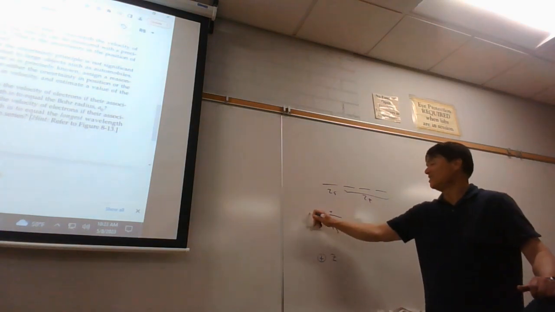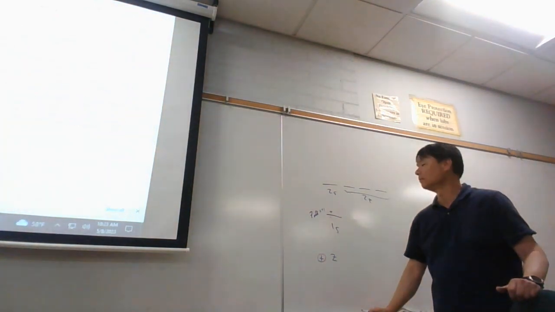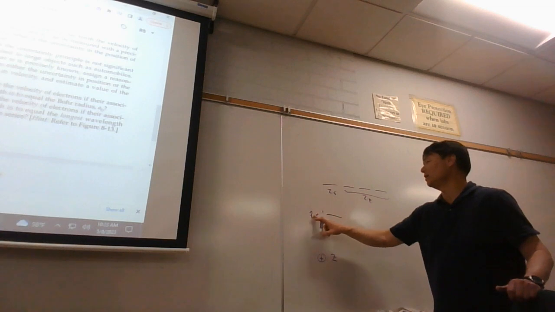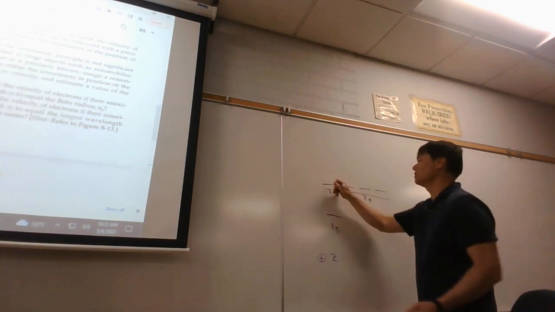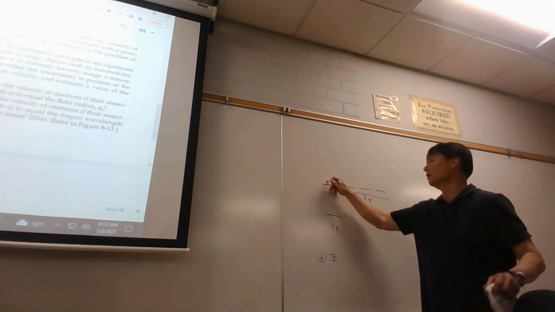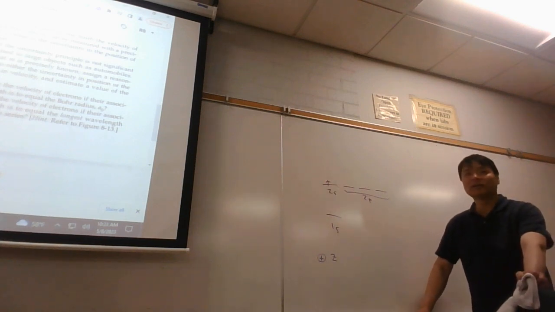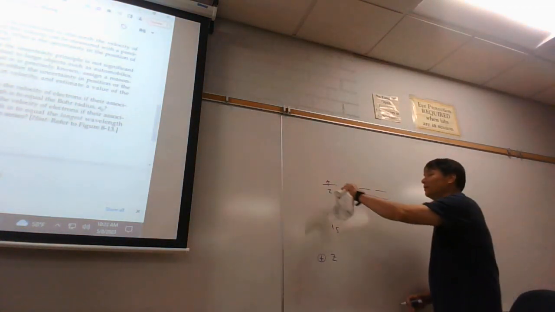So Z effective is equal to +1. What if we move this electron to a 2s orbital? What Z effective would it be? Plus 1, also plus 1.